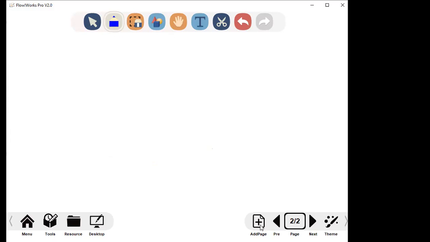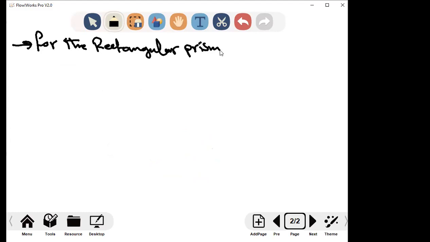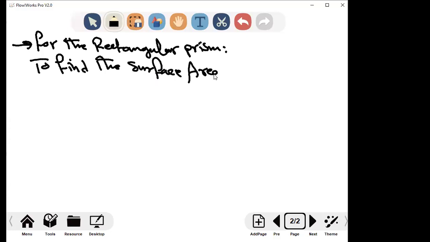So we have a formula to calculate the surface area of any rectangular prism. So focus now. For the rectangular prism, to find the surface area, follow this formula.